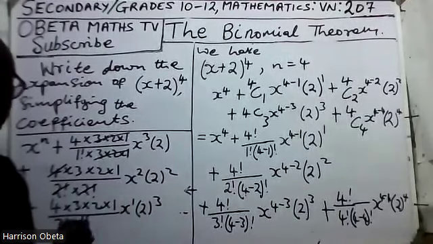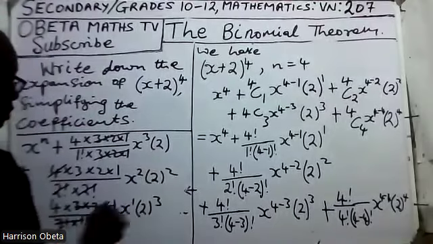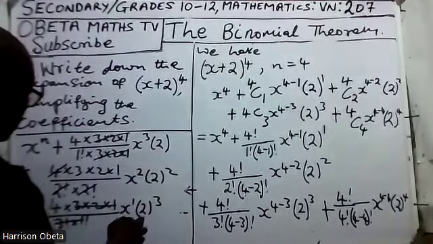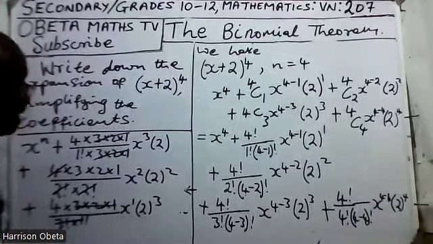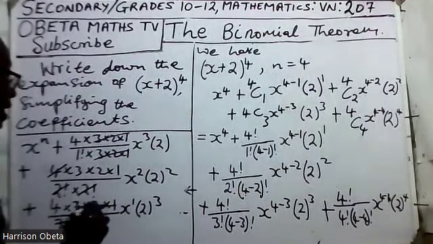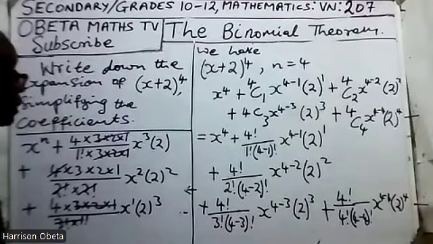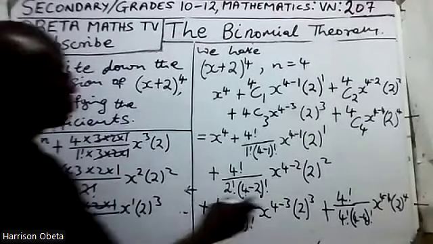So that will give us this, we cancel this, remaining 4. Now, 2 raised power 3 is the same thing as 8. 8 times 4 is 32. So we leave it like that. Okay. Then finally, we pick this one.